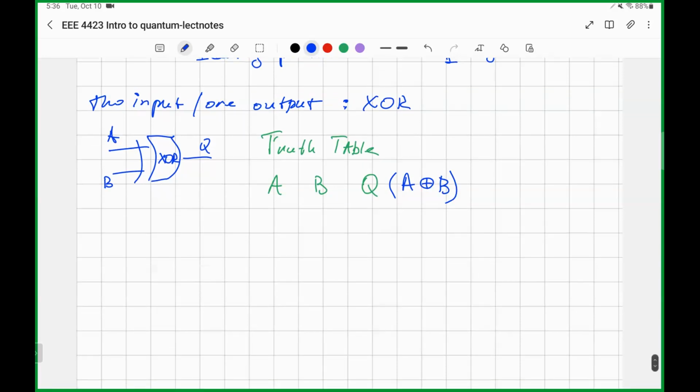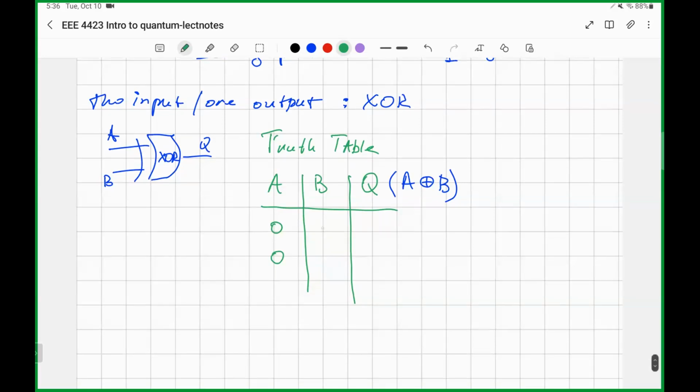What is circle plus? If the first input is 0, the second input doesn't change, so B in the output becomes B again.